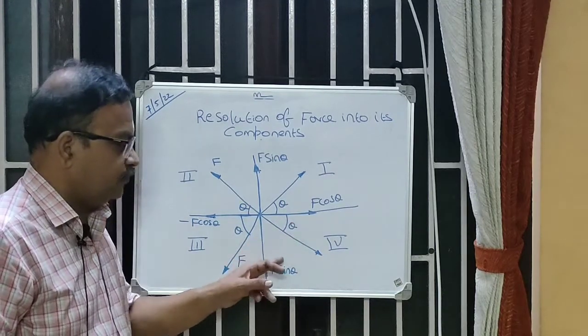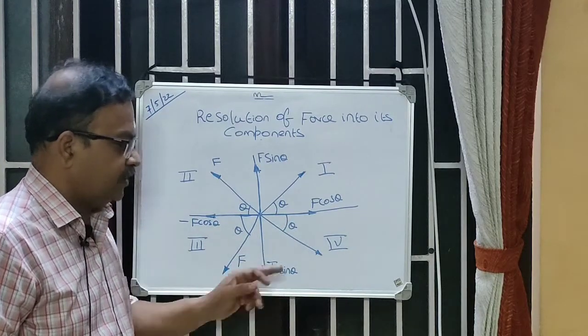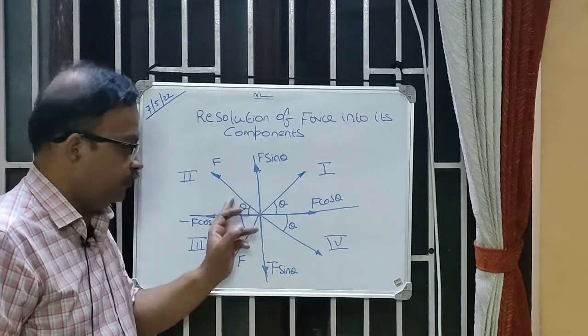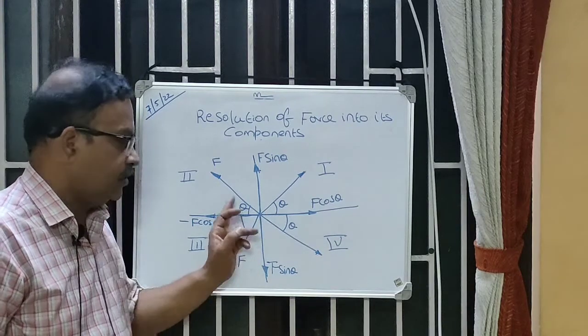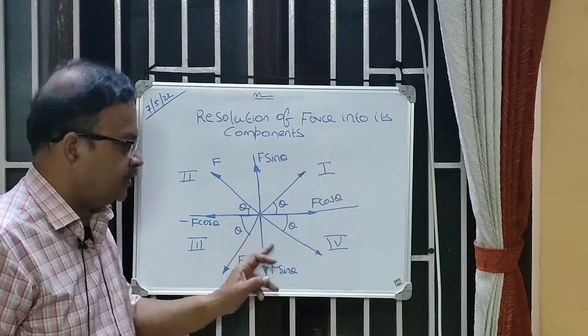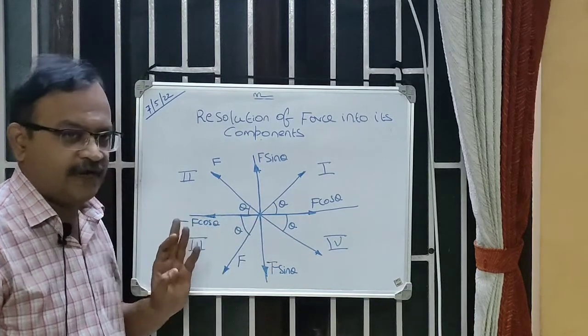If you resolve this force into two components, it will be F cos theta in the positive and minus F sin theta in the negative. So when the force is acting outwards and is represented in all the four quadrants, this will be the resolution of the force into its various components along the four quadrants along with the sign convention.